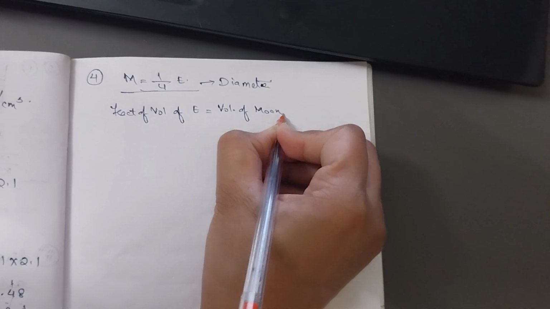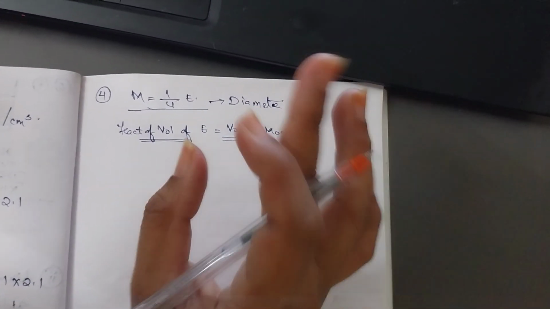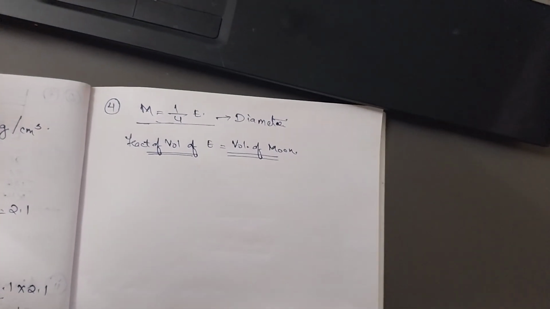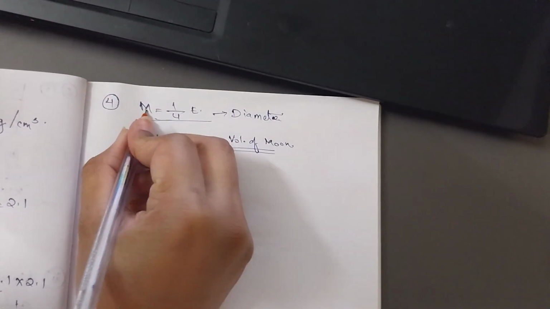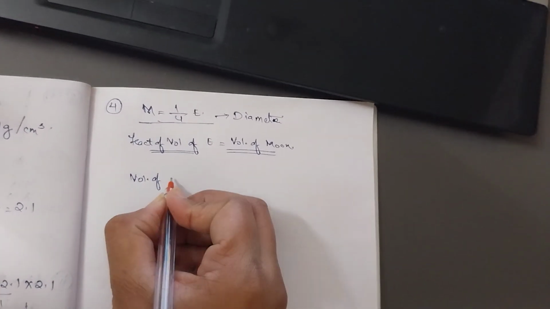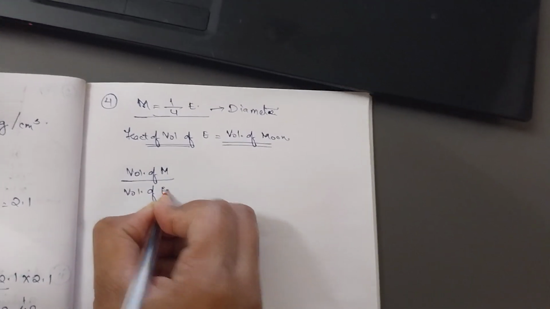So first of all I need to calculate the volumes for both of them. Both of them are spheres. It's kind of a ratio question that you have. Moon is given with reference to the earth, so we will find volume of moon upon volume of earth.